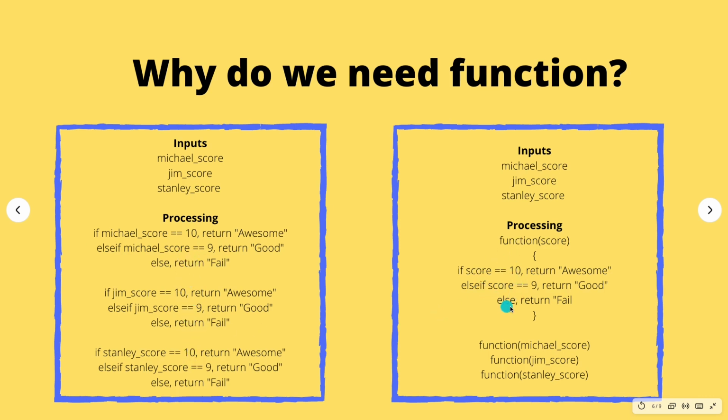Here, we can just key in the requirement directly into the function, and that's all we have to do. We just change once, and it applies to all the other scores, as opposed to changing for each one here, right?